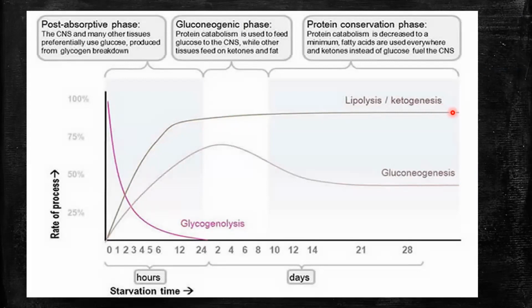They become the predominant energy source. Gluconeogenesis peaks at about 2 days, and then drifts downwards, but it never gets to zero at all. Because under the influence of cortisol and some other hormones, protein is being catabolized.